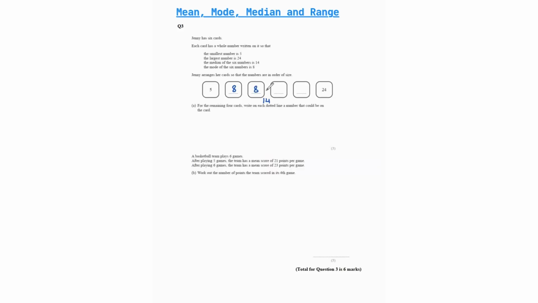So for us to get a value of 14 between 8 and this number, 8 plus x over 2 is 14. 8 plus x equals to 14 times 2, which is going to be 28. So x is going to be 28 minus 8, and that is 20. So this comes out as 20.